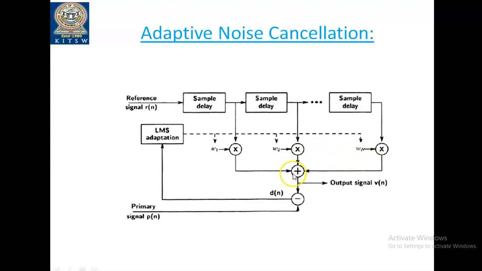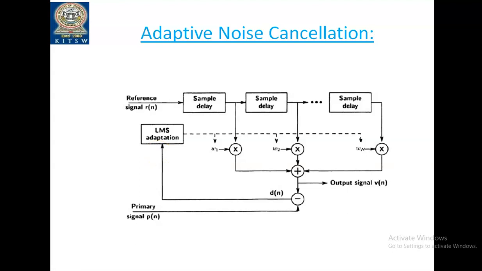All the weighted signals are added here, and we get a different signal. This is one input to the subtractor, and the other input is P of n. So D of n is the difference between the primary signal and the reference signal coming from the weight vectors. This difference signal is given to the LMS adaptation. What is our goal here? That difference should be driven to 0.